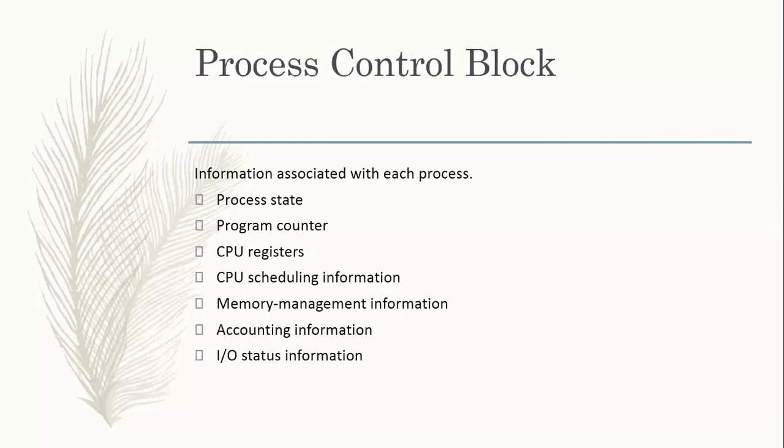What is the ID of the process, state of the process, what next instruction is going to be executed, what registers are allocated to that process, which scheduling algorithm is utilized, what the memory aspect is, list of open files, list of closed files, what kind of statistics that process has, then IO status information, security information.